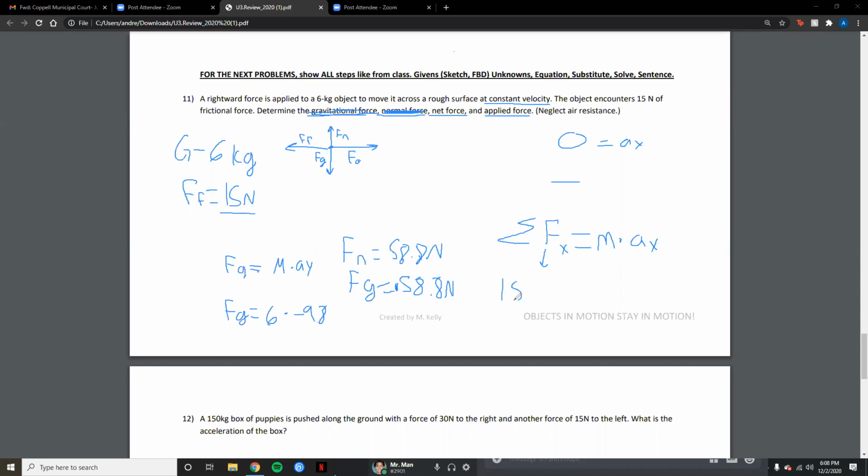So 15 newtons plus we're gonna name it variable x equals our mass. What's our mass? 6. What's our acceleration? 0. So this is 0, right? These two equal 0. So 0 equals 15 newtons plus x.